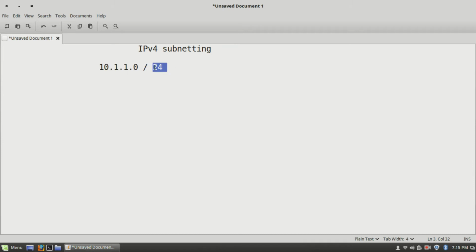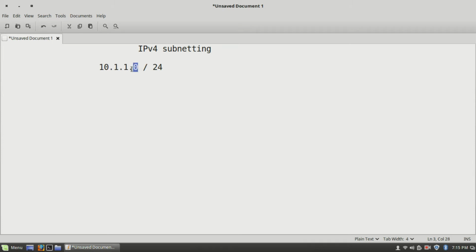Now, when it is 24, which means the first 24 bits belong to the network and the rest 8 bits belong to the host, this also means that these 24 bits will never change. They will remain constant for a network because that is the identity of that network. If these bits change, it is a different network altogether.